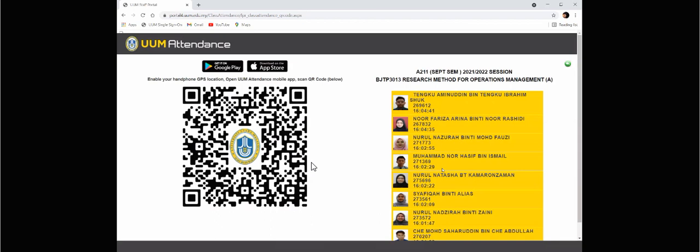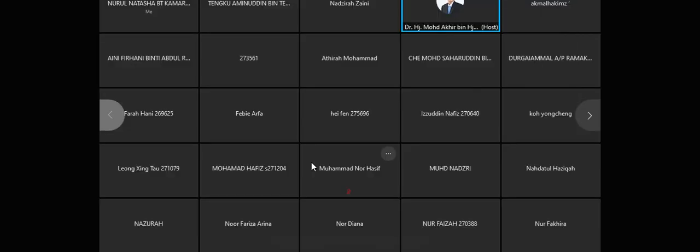Okay, hari ni kita akan belajar another new topic tentang how we collect the data, they call data collection. This topic berkaitan rapat dengan apa yang student akan buat, apply research.